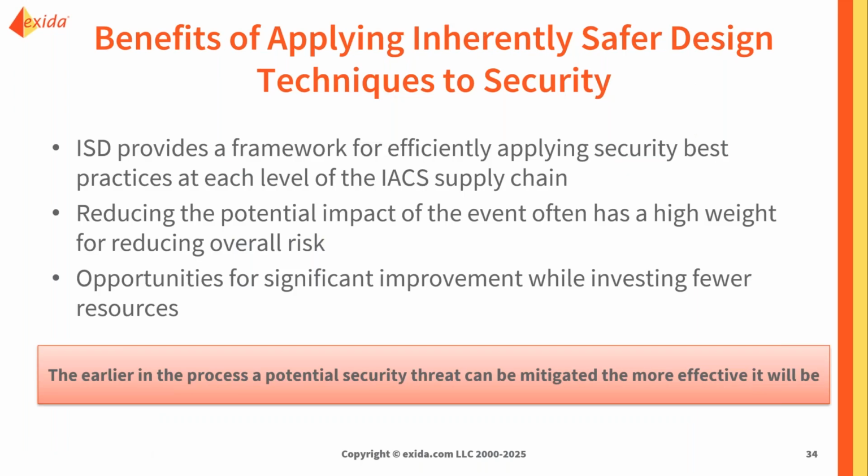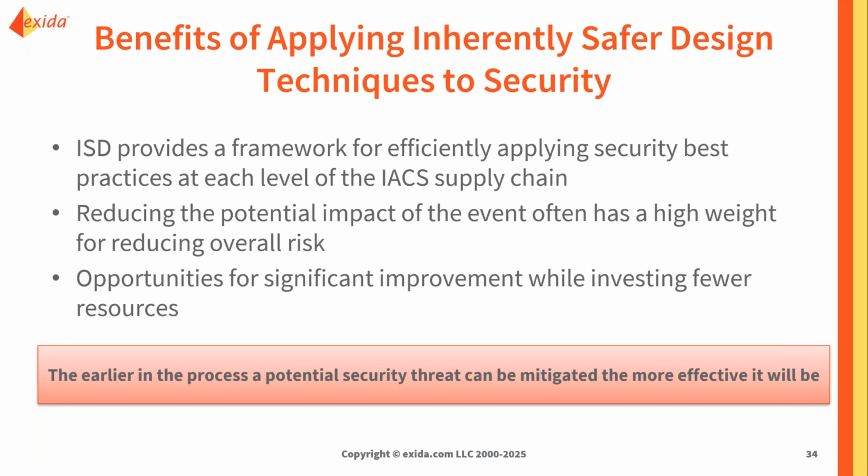And so by taking this mindset of inherent safety or inherent security or inherently more secure design, we can take an existing framework that has worked well on the process safety side for industrial sites and really use that to guide our decisions around security.